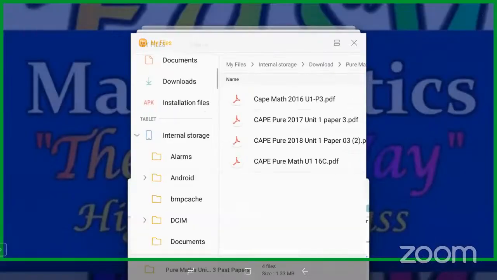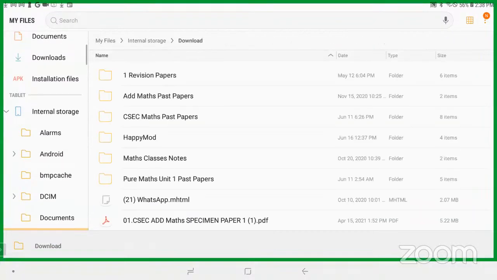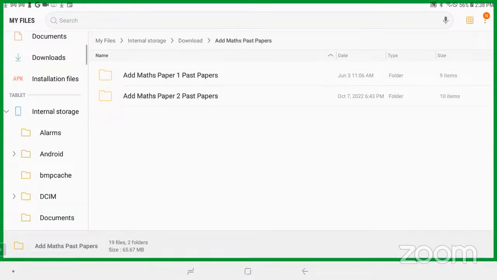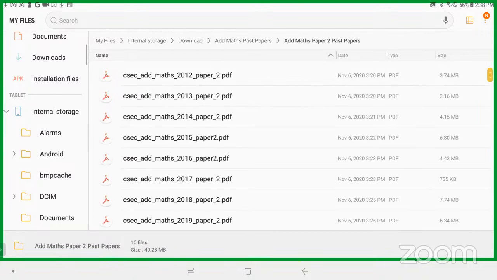So let's look at the Additional Maths papers and see if there's anything interesting. It's the same level, really. So logs and indices.